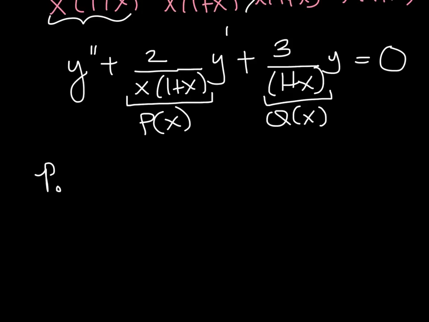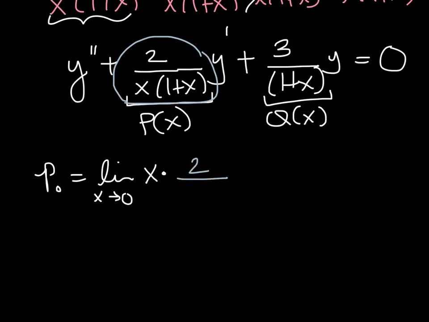We want to take the limit as x approaches 0 of x times capital P of x, which is this guy right here. So 2 over x times 1 plus x.